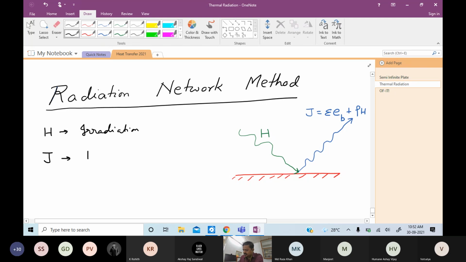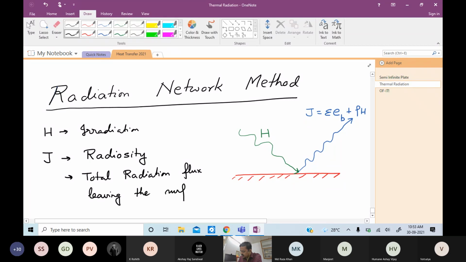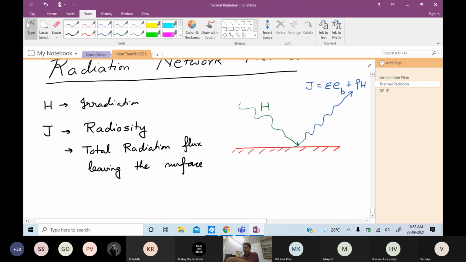And J is called, it has a name, the radiosity, which is the total radiation flux leaving the surface.